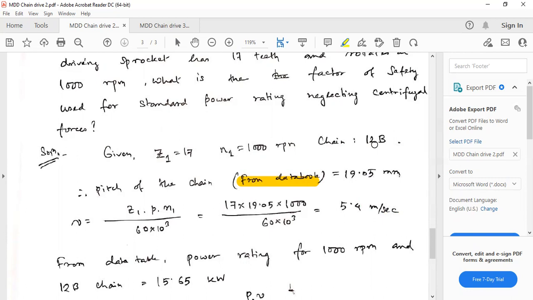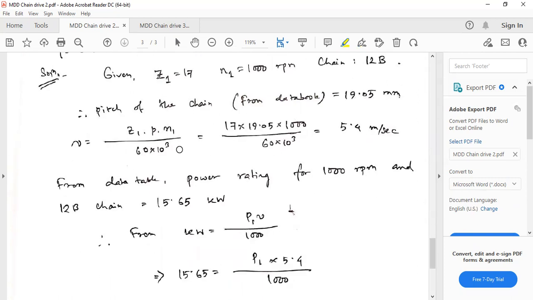I don't remember it, 25.4 or something. You multiply with that and you will get this value. Otherwise, in the data book it is directly written: 19.05.